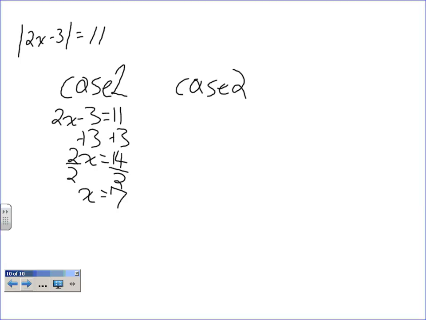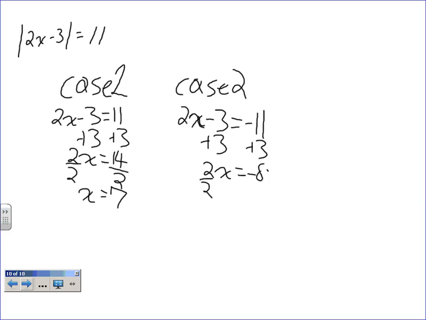In case 2, what's inside could equal the opposite. Very good. Dividing by 2, x equals -4.